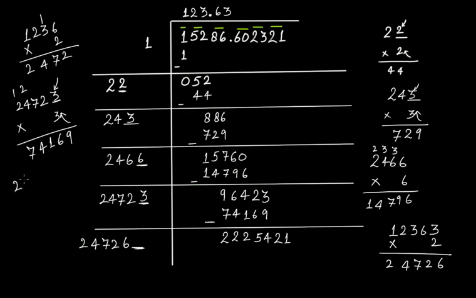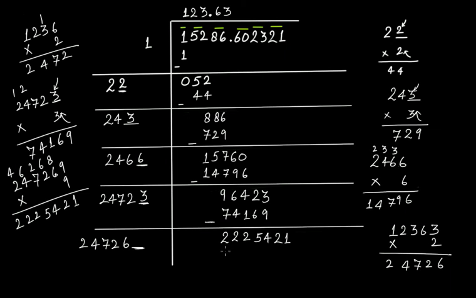So if you multiply this 24,726 by 9, then you get 9 times 9 is 81, 9 times 6 is 54, and so on, and so clearly we are getting this number.